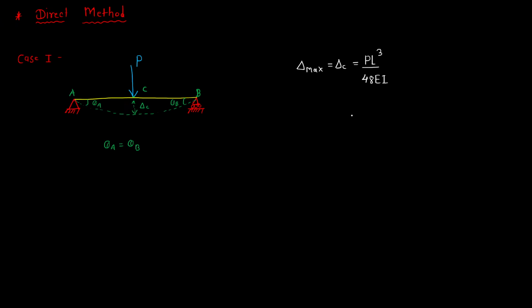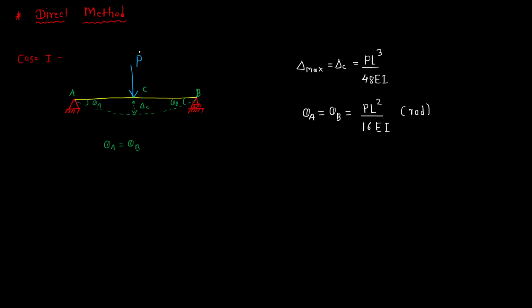Similarly, the slope at point A, which is equal to the slope at point B, has the value PL square by 16 EI, and this will come in radians. So these two formulas you have to remember.